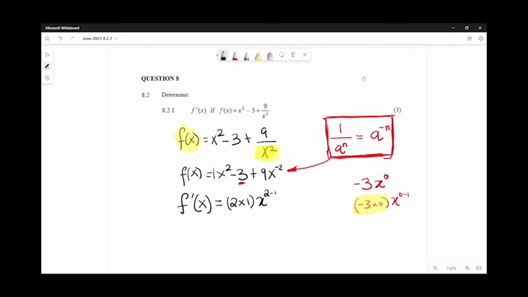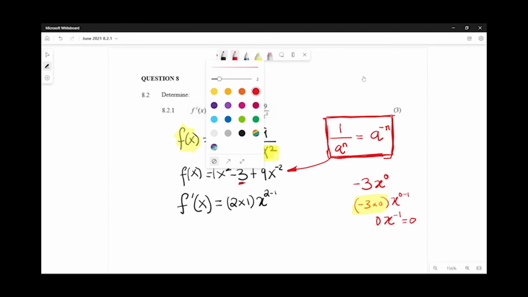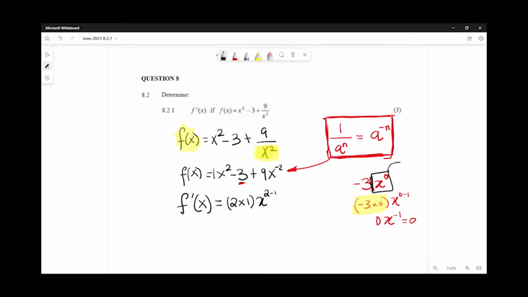Remember that your constant has this part right here, this 1, because x to the 0 is just 1. So every time you see a constant, remember that its derivative is just 0, and this is how that happens. It happens because of that factor right there.